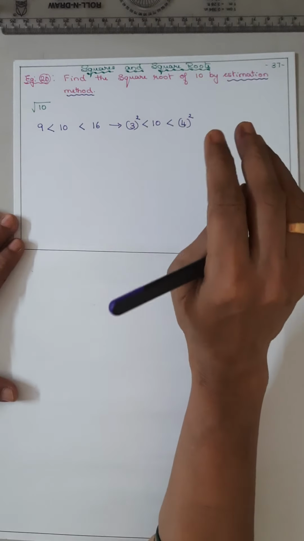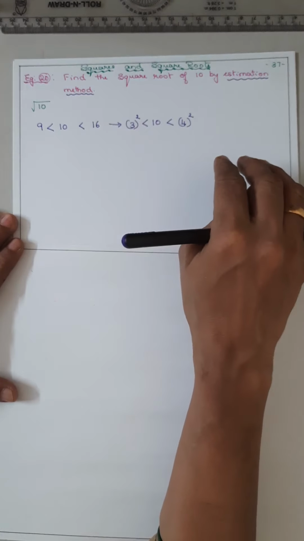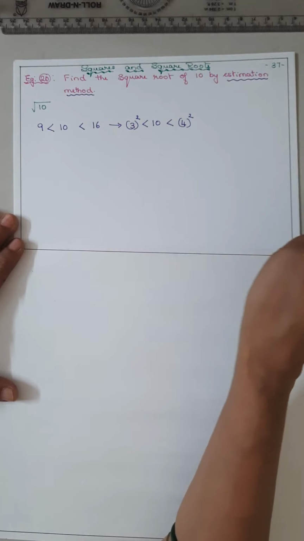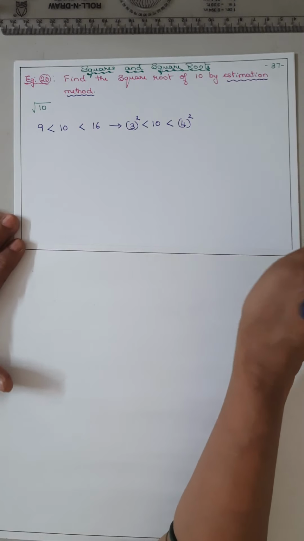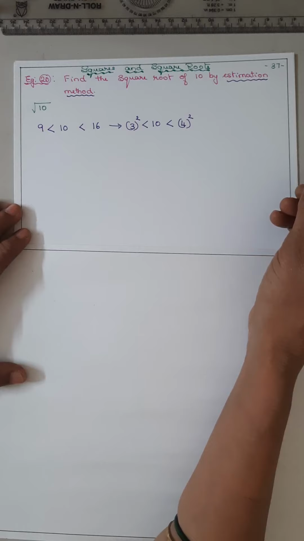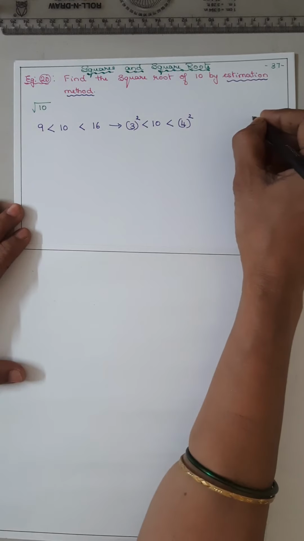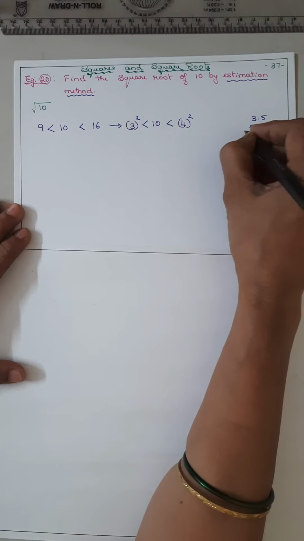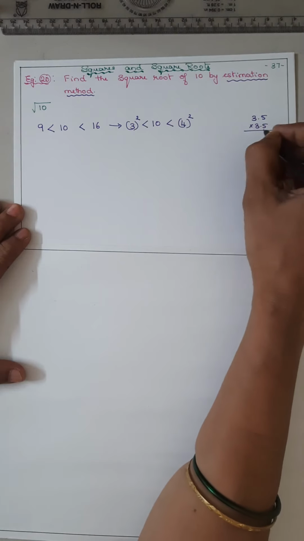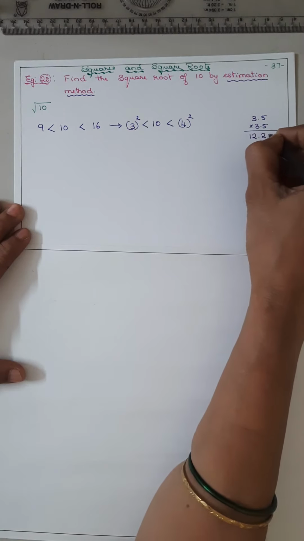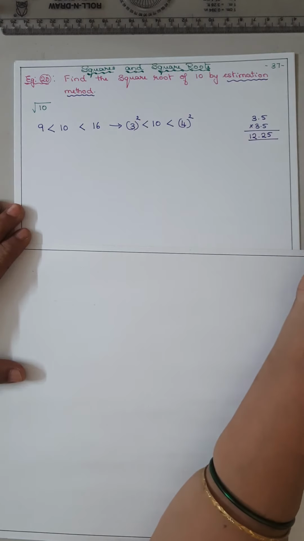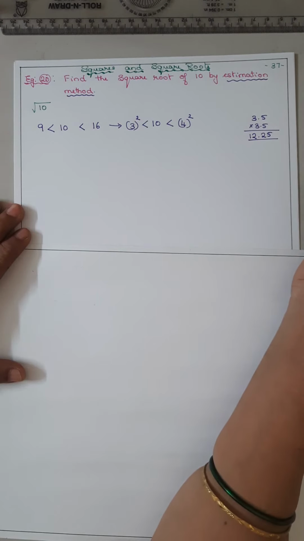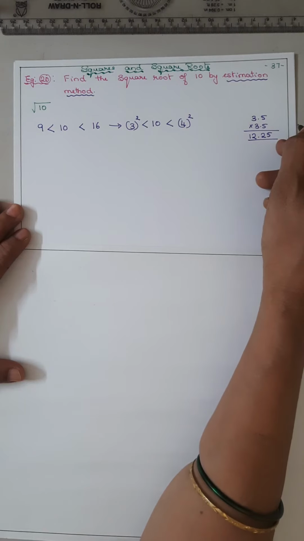So first you find out the exact in between 3 and 4, exact between, which number will come? 3.5. So 3.5 into 3.5, you will get the answer 12.25. You have to find out 3.5 square. So you'll get 12.25. Okay.